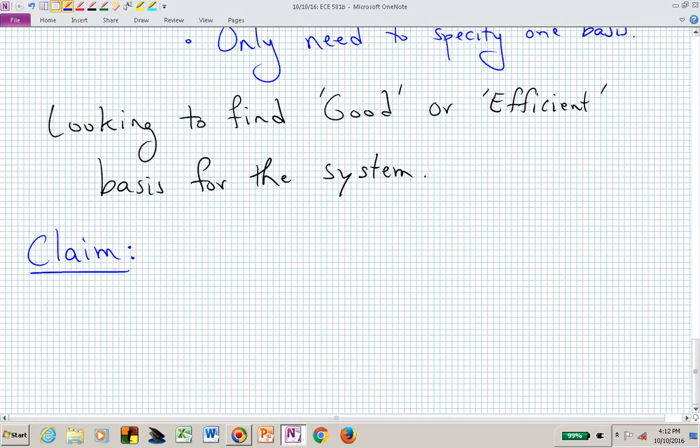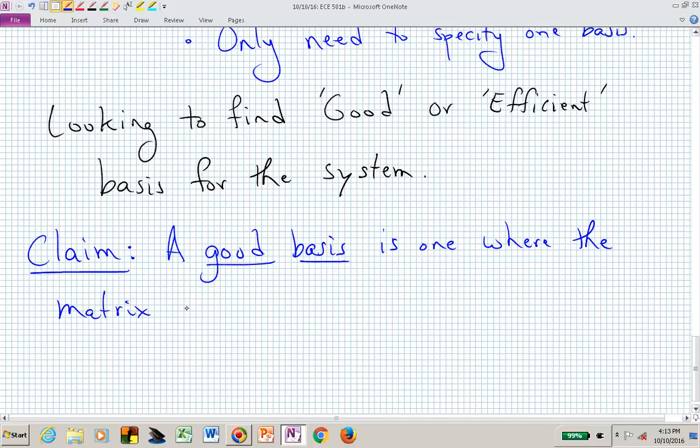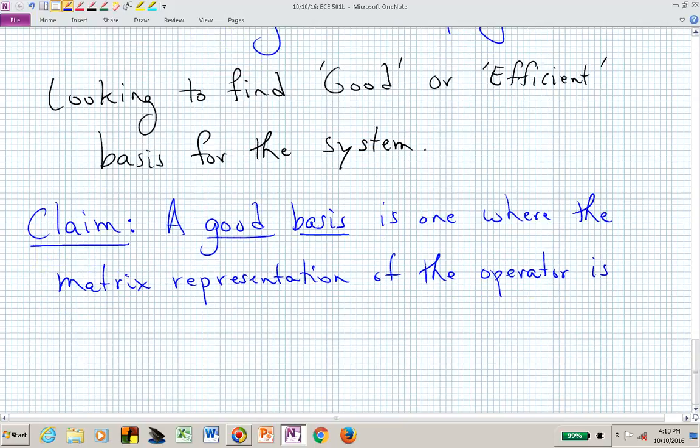The claim that we will make is that a good basis is one where the matrix representation of that linear operator is what we could call simple.